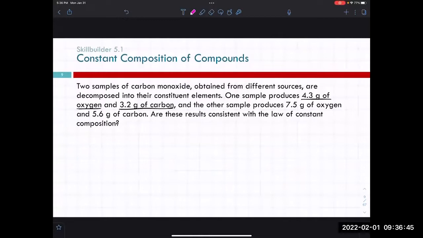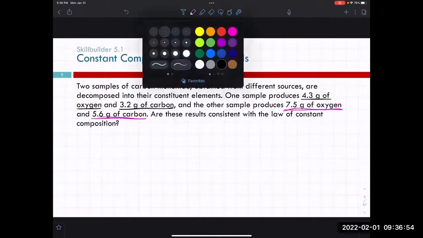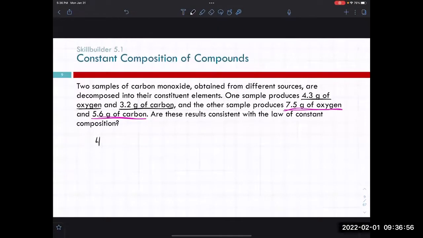The other sample is 7.5 grams of oxygen, 5.6 grams of carbon. We want to keep those 2 separate, right? We don't want to mix up our data. So very similar to any other problem, we could write down these things that were given: 4.3 grams of oxygen and 3.2 grams of carbon.